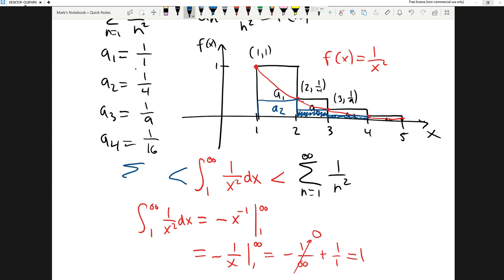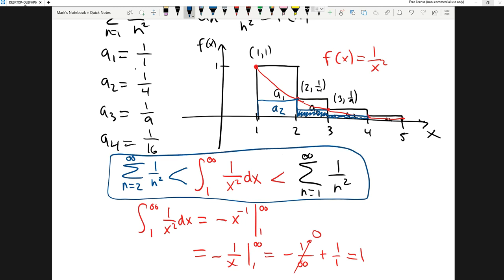And so if we were to write down a formula for that area, it would be the sum from n equals 2 to infinity of 1 over n squared. Okay? So geometrically, we can make this argument that both of these inequalities have to hold. The integral has to be bigger than the sum if we start with 2, and smaller than the sum if we start with n equals 1.